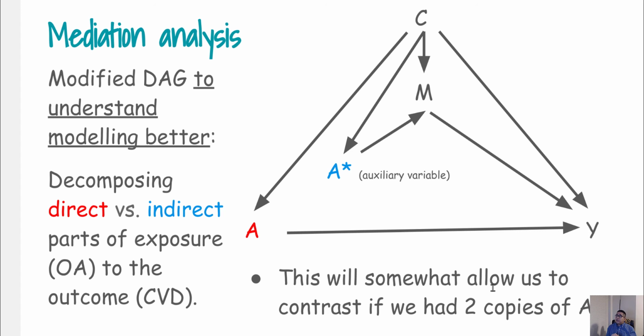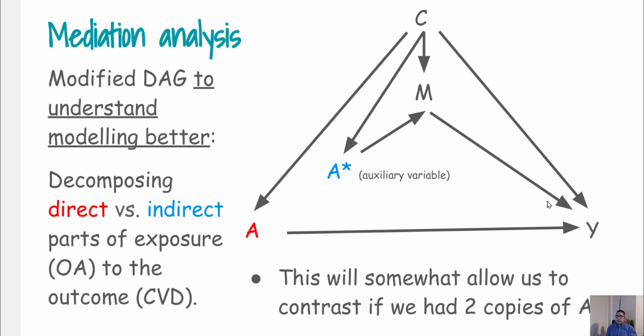They are essentially assuming that there are two different exposures. One exposure is directly responsible for the direct effect, and see that A has nothing to do with M directly, and assume that there is another A that has nothing to do with Y directly but has to do with M.